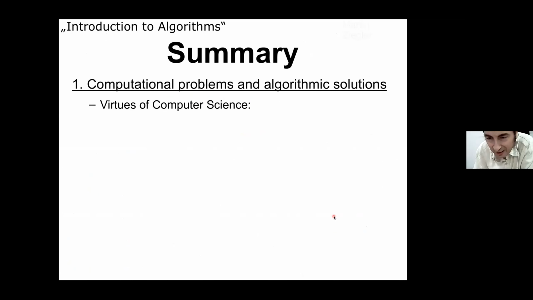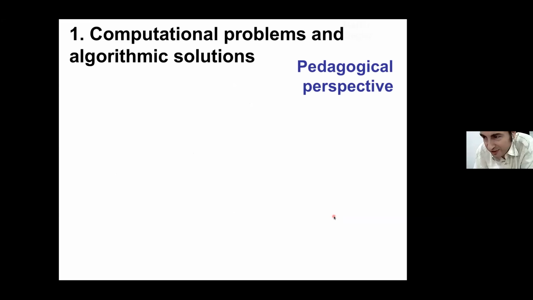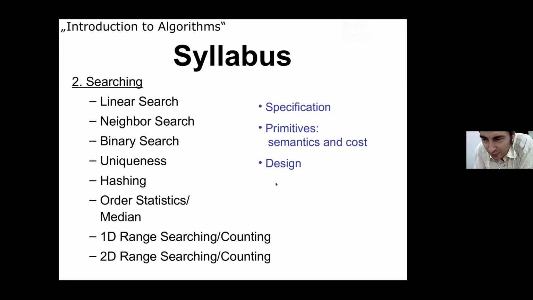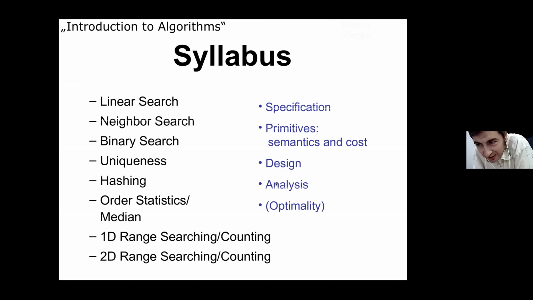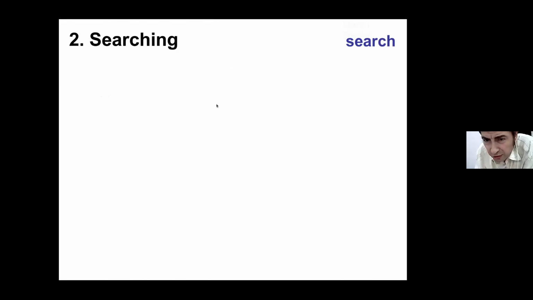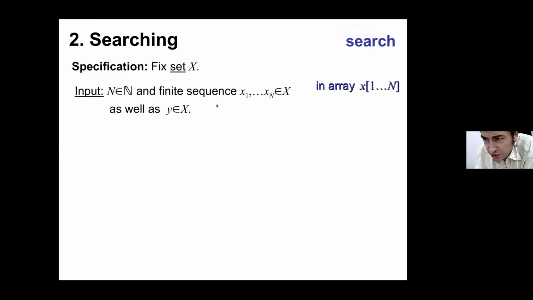So okay, this is what we said about that. Then, here I took over, and now we were talking about these things in considerable detail. So we were talking about searching algorithms in section 2, and about various types of searching.